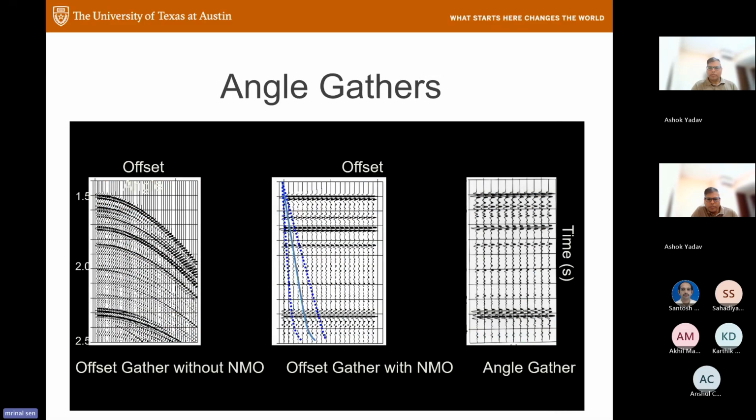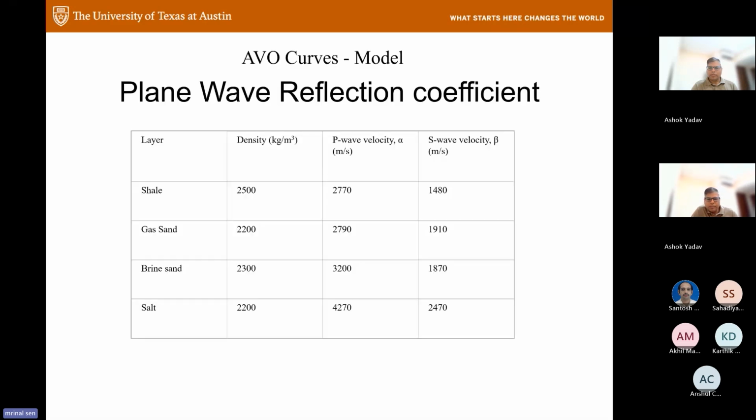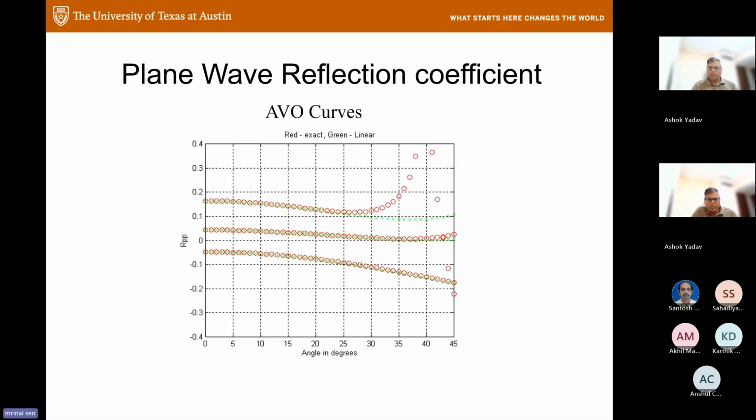So this is the same figure that I showed you earlier, an offset to angle gather. So I wanted to show you some comparison. Okay. So we have shale, gas sand, brine sand, and salt, and AVO curves. And what you see here is that there's a relationship. The exact is the red with the full Zoeppritz equation, and the green is the linear approximation.